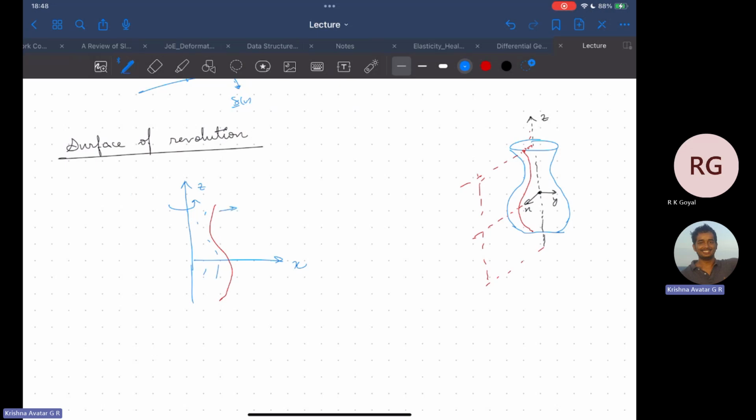So this profile seems to be some sort of, of course, a 3D curve, but lying in the XZ plane. So let's call it gamma vector u. So this is the profile curve.